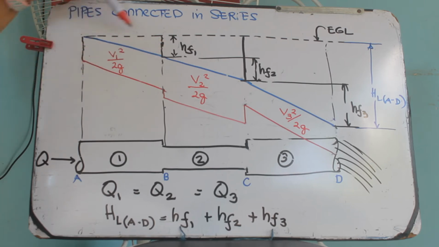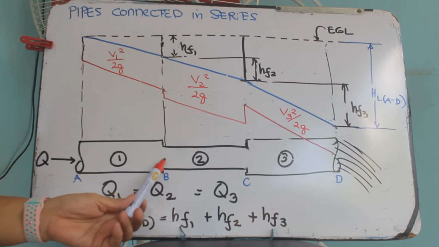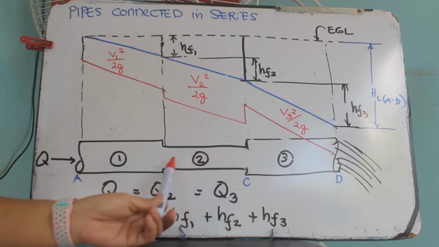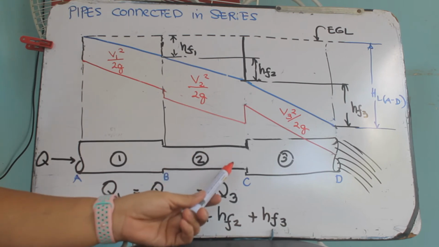So from here to here there is a vertical drop, which is equivalent to the friction loss along pipe 1.